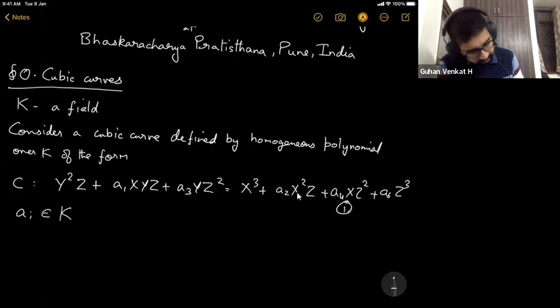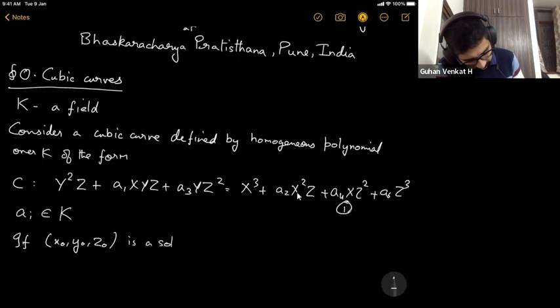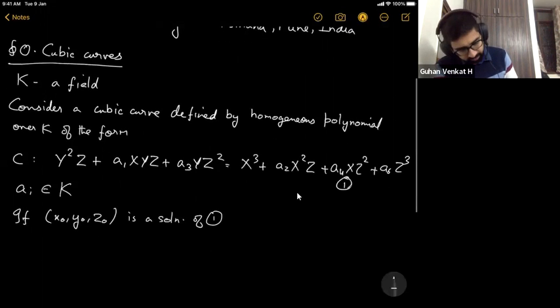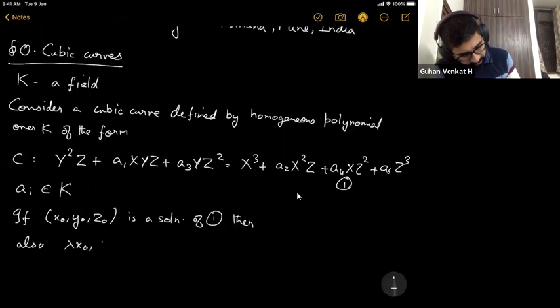In other words, if (x0, y0, z0) is a solution of equation 1, then (lambda x0, lambda y0, lambda z0) is also again a solution.